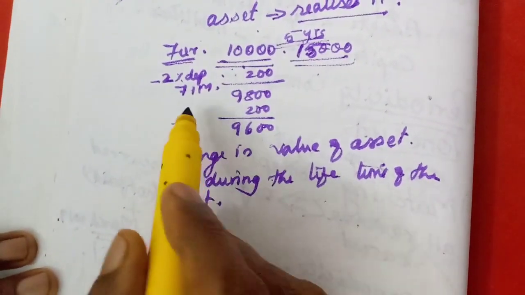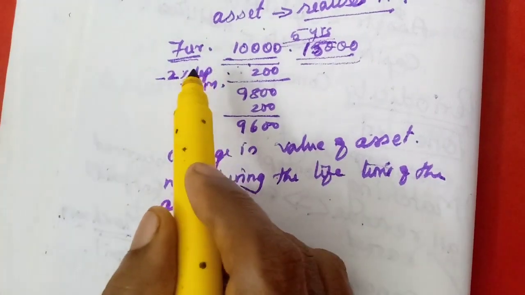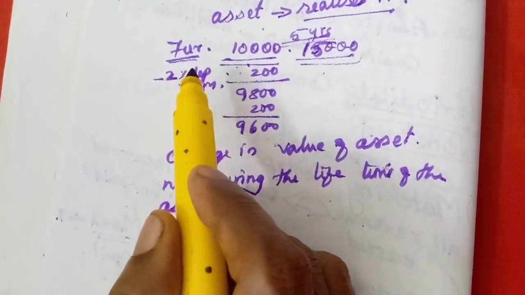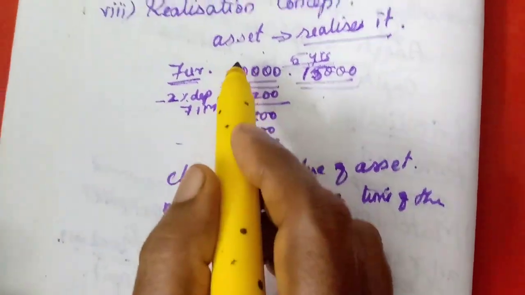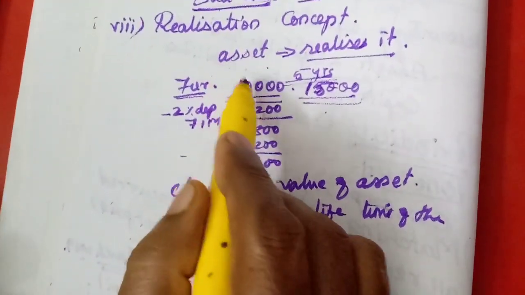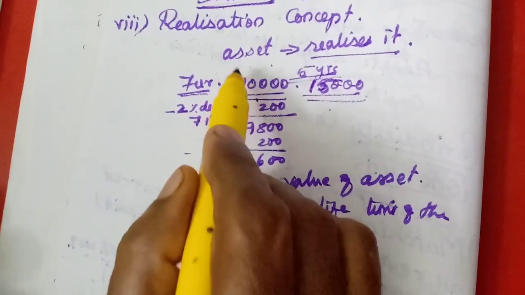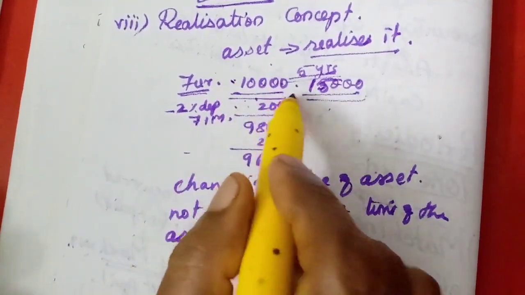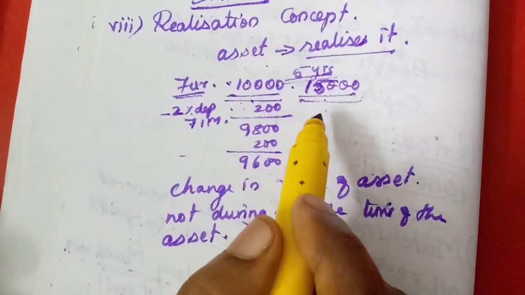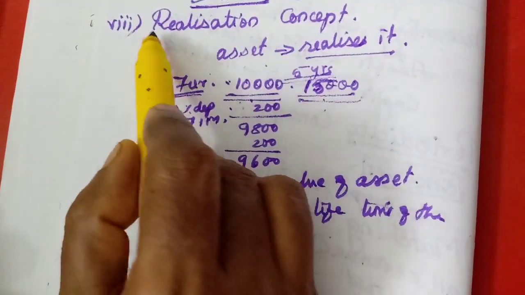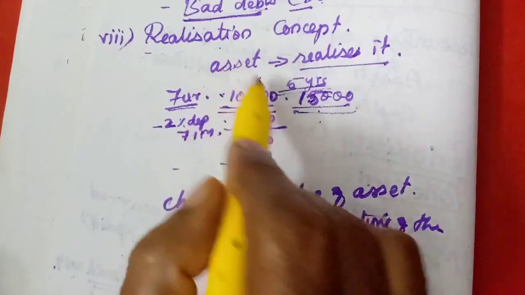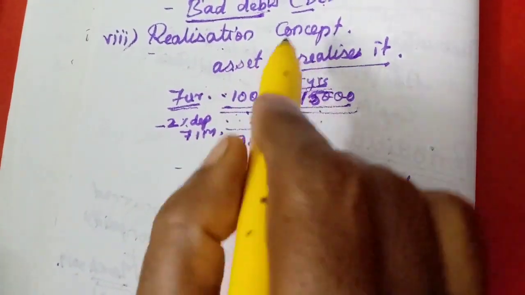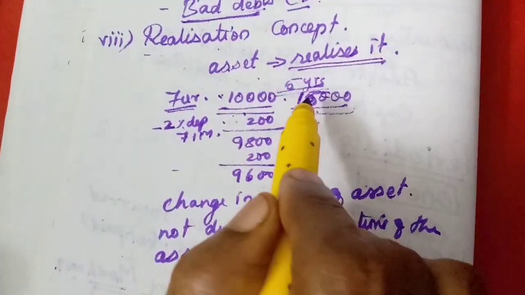For this purpose only, as I have told in the beginning itself, another concept we have learned, cost concept. We are recording the assets at its cost price, the purchasing price. We never consider the market price. And in this realization concept, we consider the change in value of asset only at the time of realizing it.